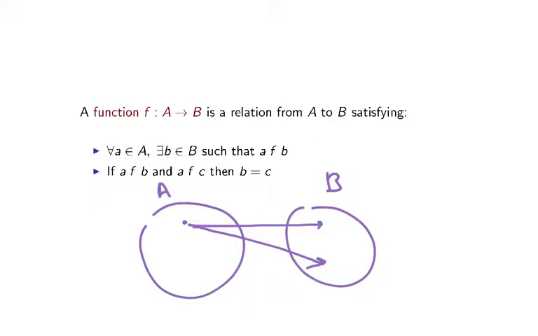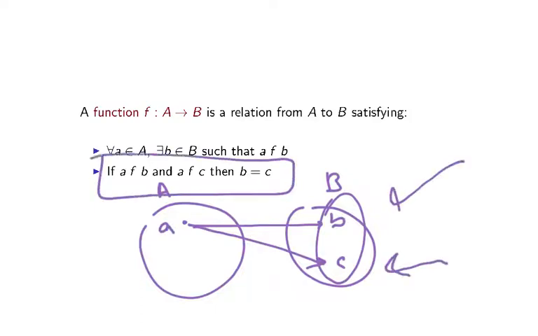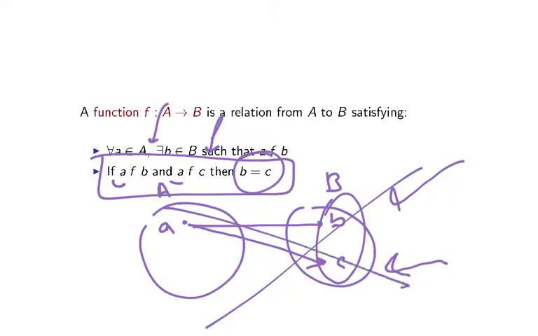So that cannot happen. So the B and the C should be the same. It's not allowed for an element to relate to two different things. That's what this property says. If an element is related to this and to this, then these two things should be equal. This situation is not allowed in functions.